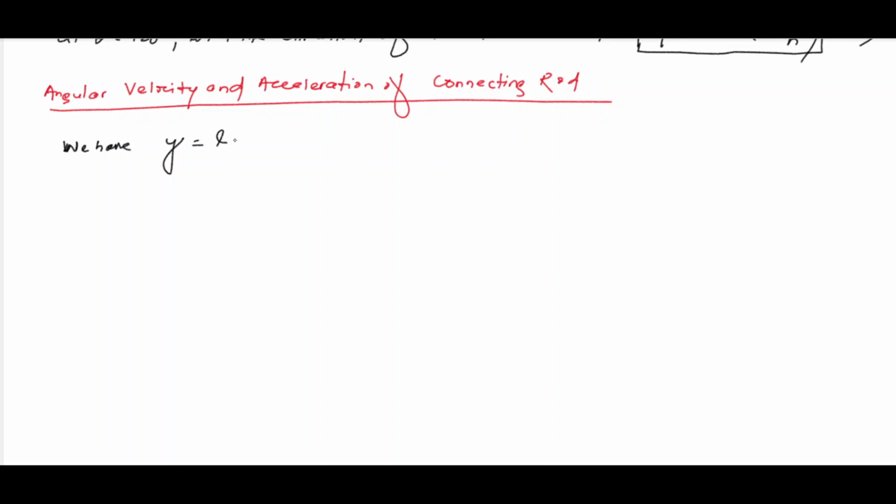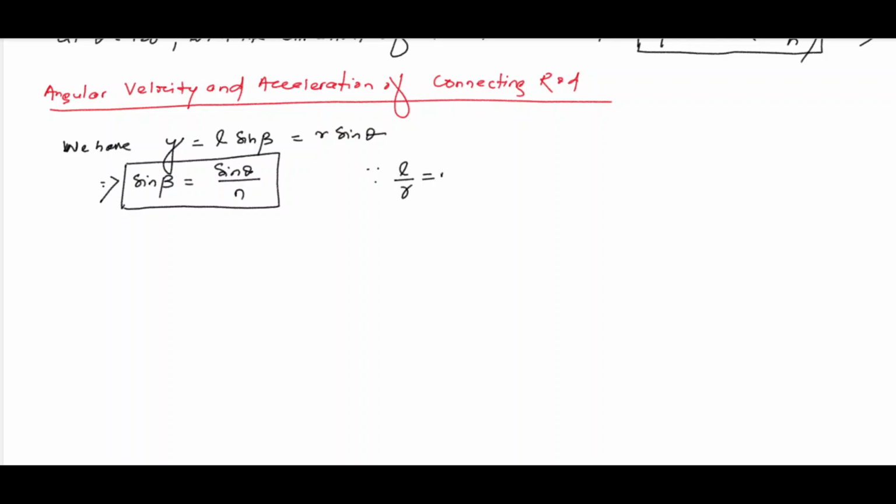I can say y is equal to L sin beta, which is also equal to r sin theta. So I can write sin beta is equal to sin theta by n. This is a relation between sin beta and sin theta, because L by R is equal to n. Let's say this is equation 13.